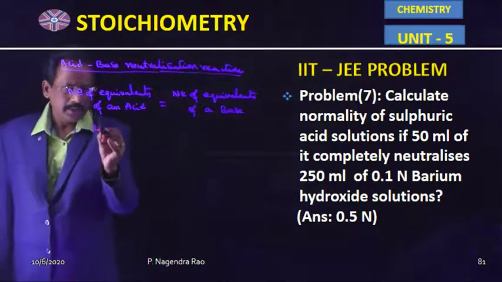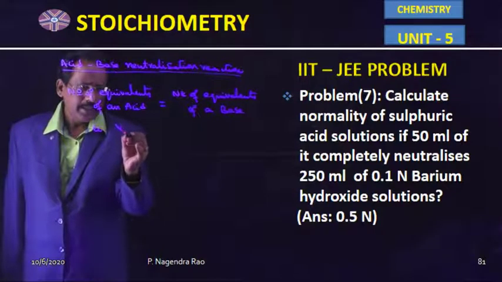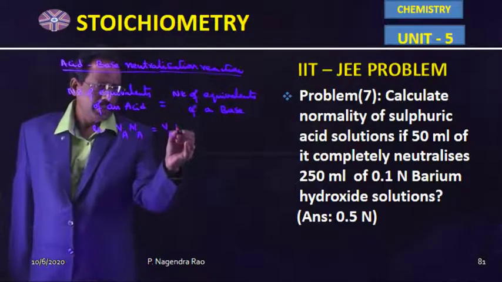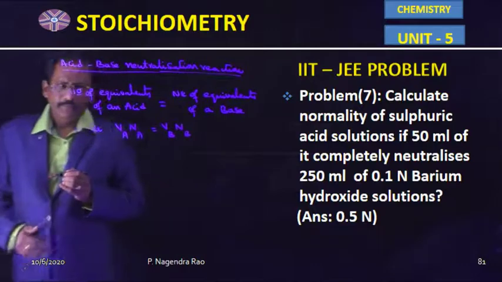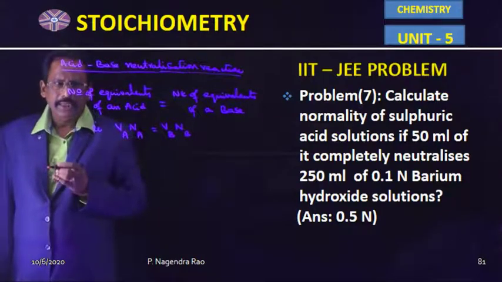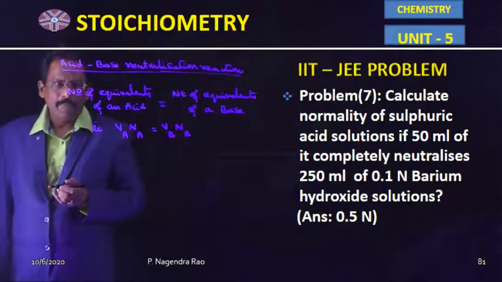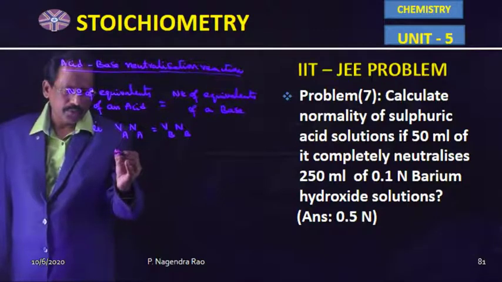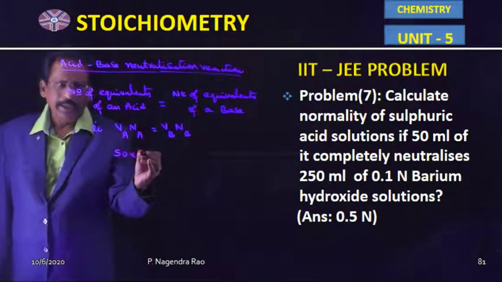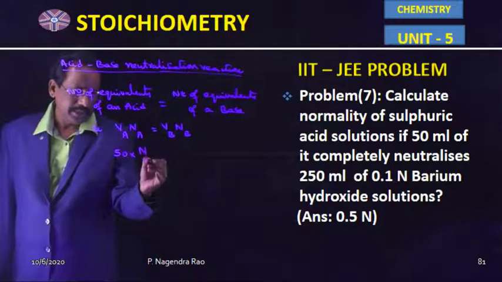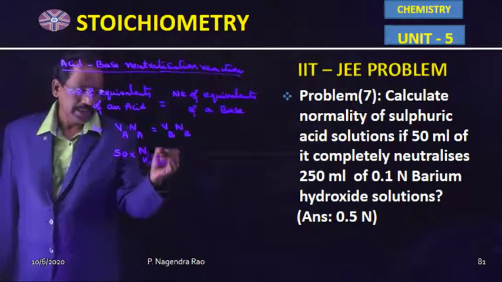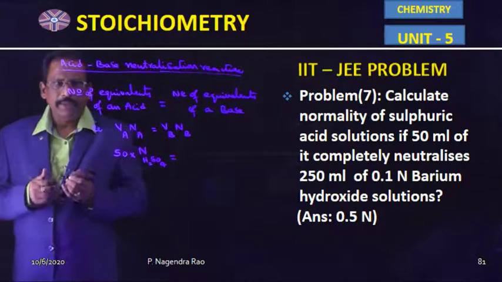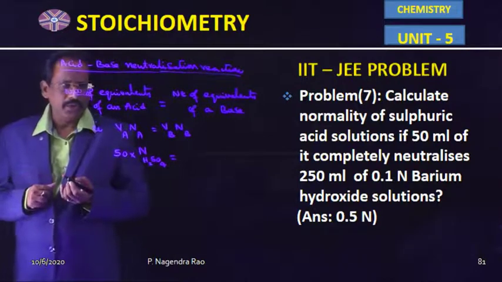That means Va Na is equal to Vb Nb. Here the acid is sulfuric acid. For that acid, volume is 50 ml. So 50 into the normality of sulfuric acid, it is unknown. You have to calculate this normality of sulfuric acid, is equal to, here the base is barium hydroxide solution.